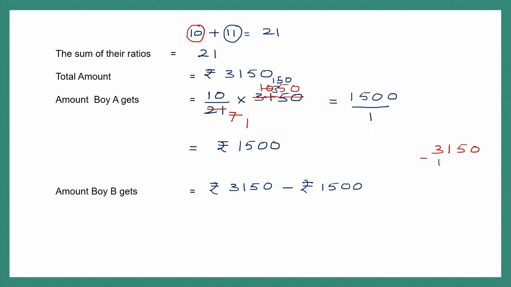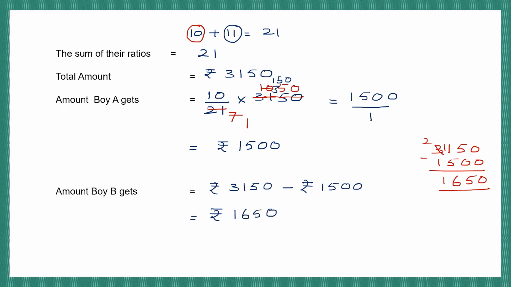3150 minus 1500. 0, 5. Now 1 minus 5 you can't, so you borrow. 11 minus 5 is 6. 2 minus 1 is 1. 1650. So the amount boy B gets is rupees 1650.